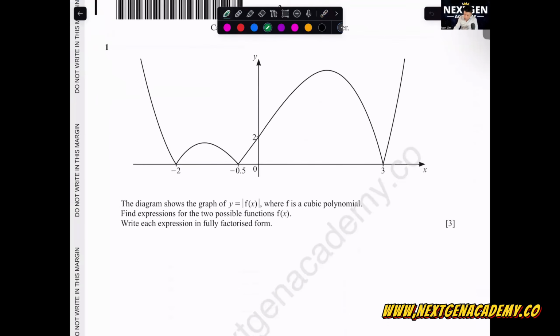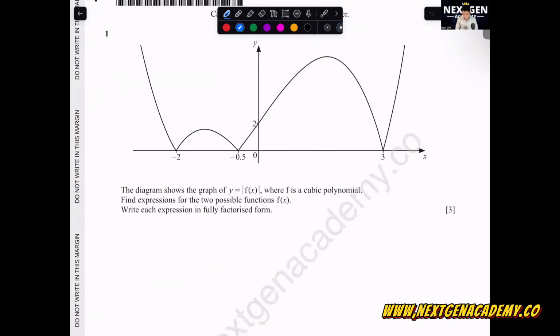The diagram shows the graph of y equals modulus f(x), where f is a cubic polynomial. Find expressions for the two possible functions of f(x). Write its expression in fully factorized form. For this, we need to start with the equation f(x) and write it in factorized form: k(x minus a)(x minus b)(x minus c).